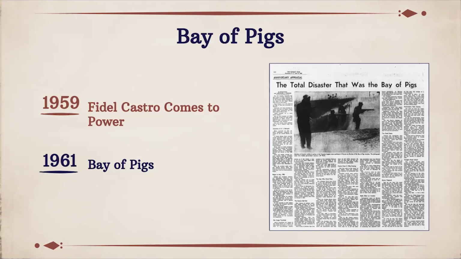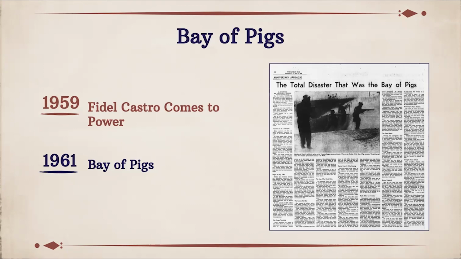This privatization of property led to many U.S. citizens leaving the island, as well as Cuba's wealthy and middle class citizens leaving, and many resettling into Florida. So in 1961, the Eisenhower administration, and then eventually Kennedy, who took over when he was inaugurated, authorized the CIA to plan an invasion of Cuba in an attempt to overthrow Castro.